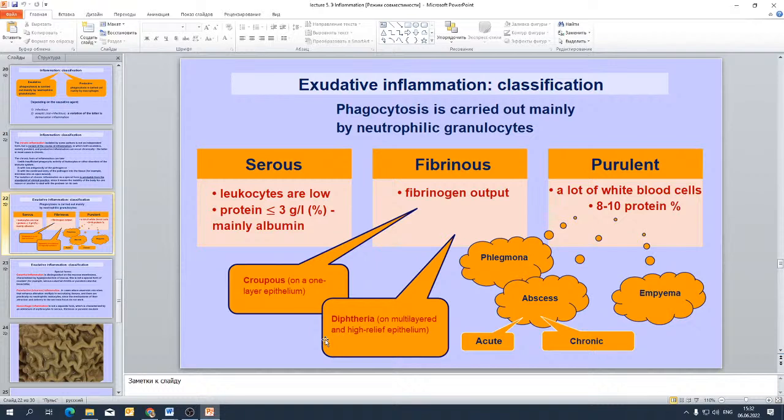I have discussed what is needed to start the inflammation mechanism. For me, I need the mechanism of development of inflammation.